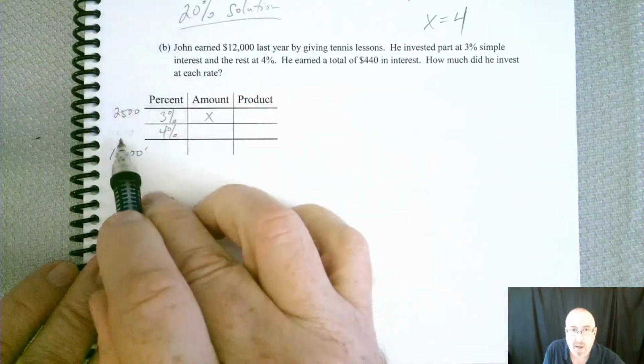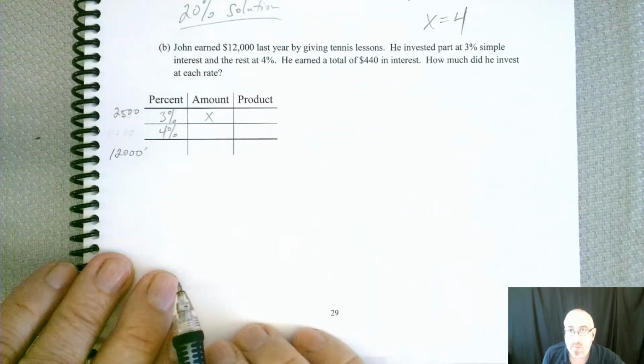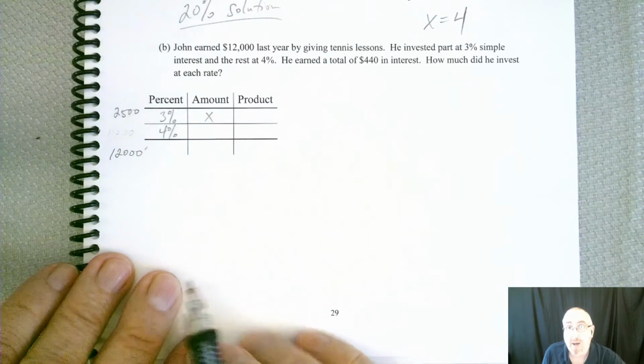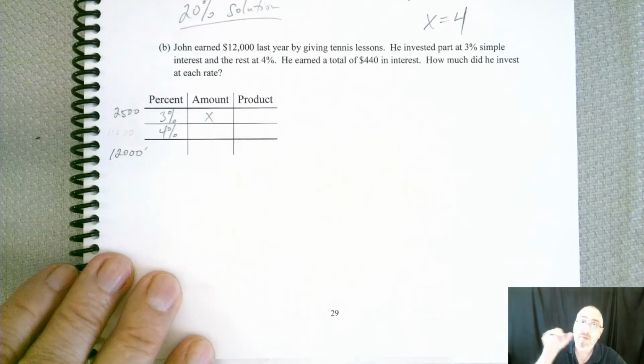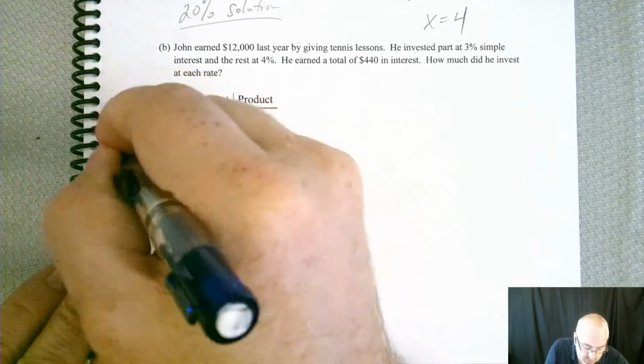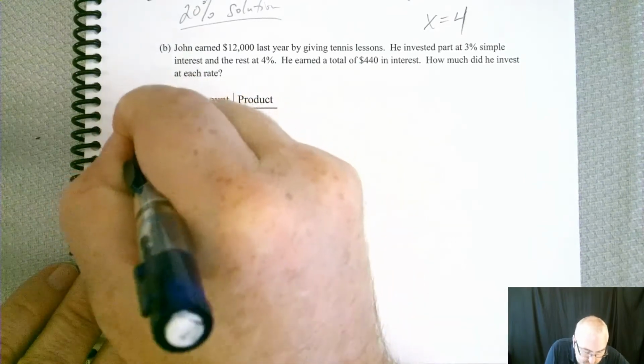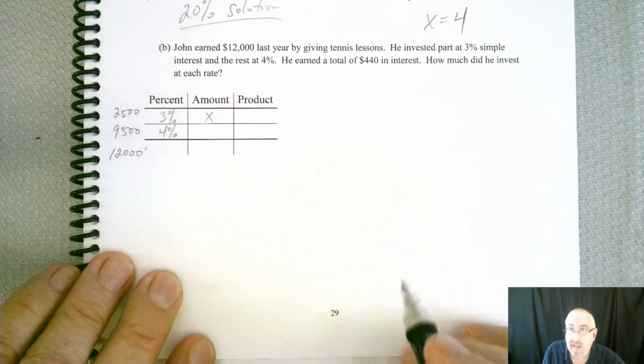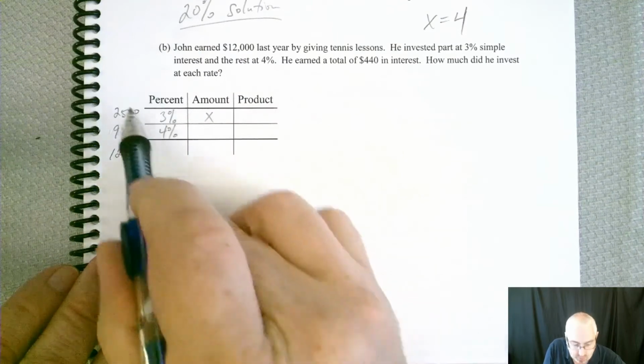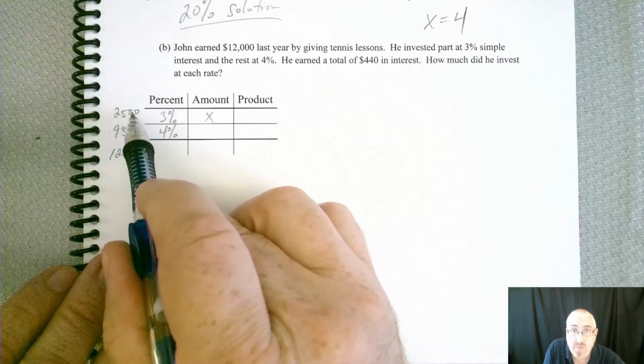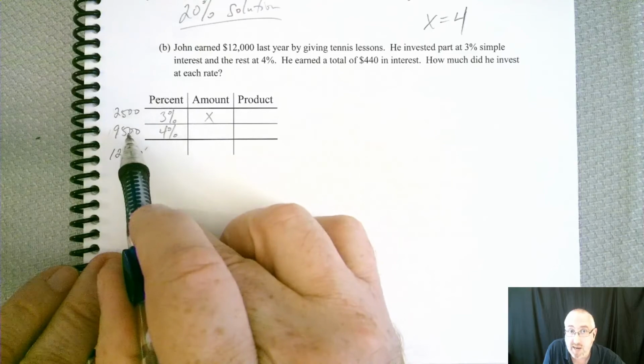So what would that make our second amount? You still got to subtract. Subtract that 2,500 from 12,000 and we'll get 9,500. Any way you slice it, if you know what that first one is, you have to subtract it from 12,000 to get the second one.